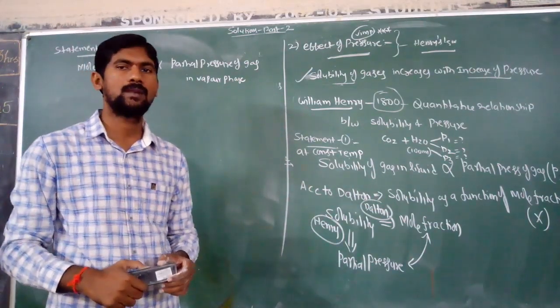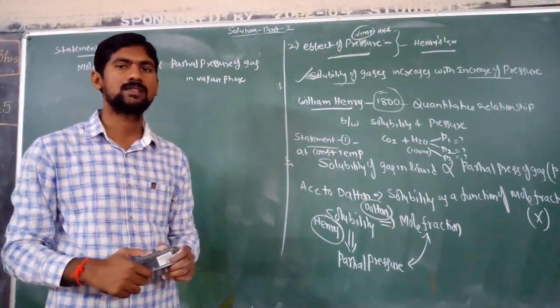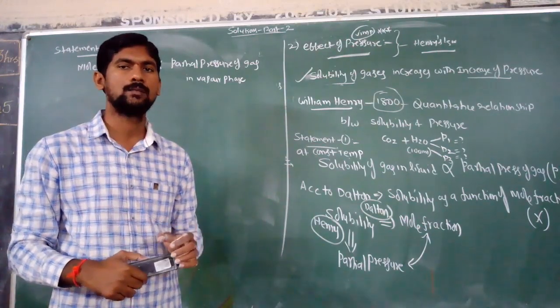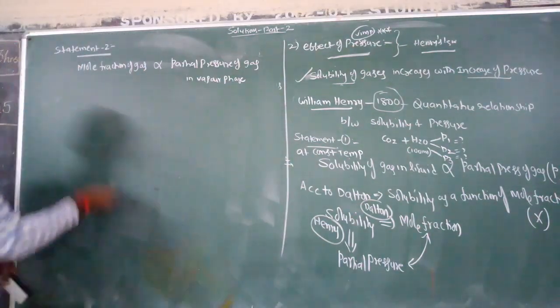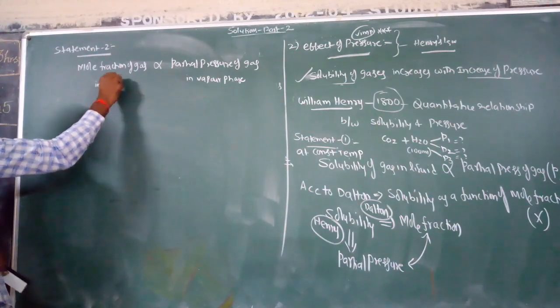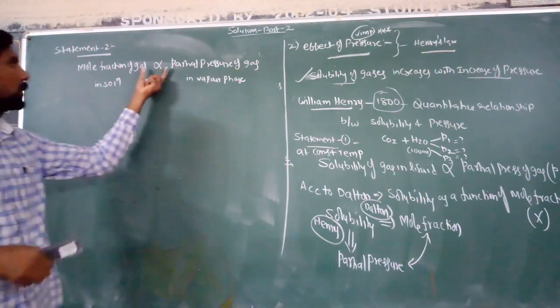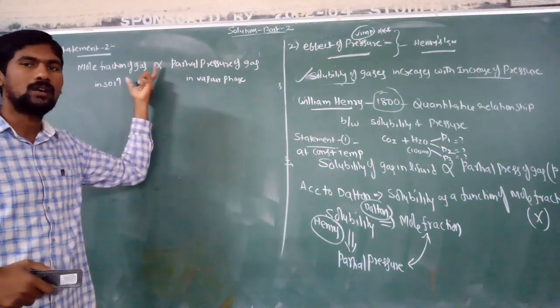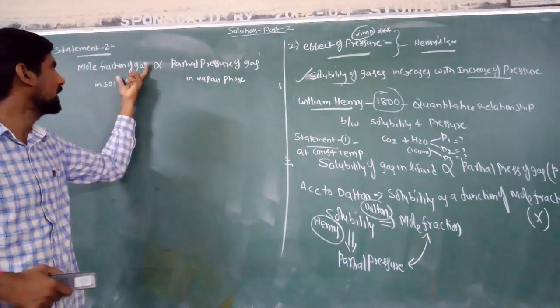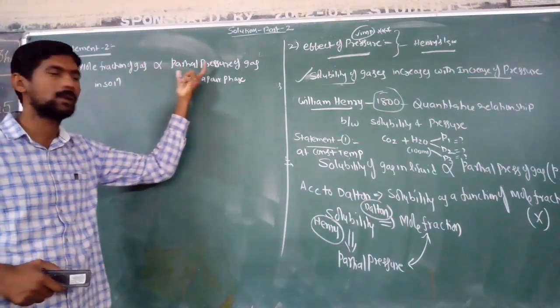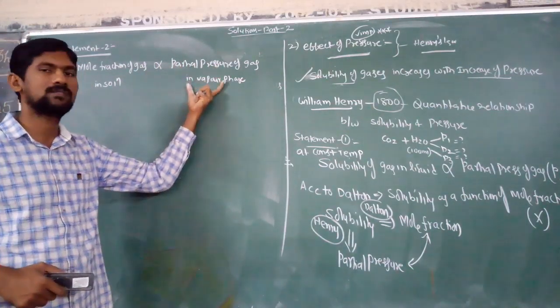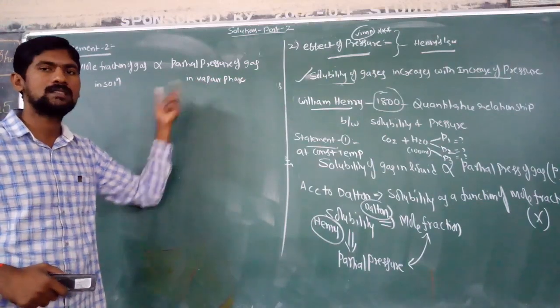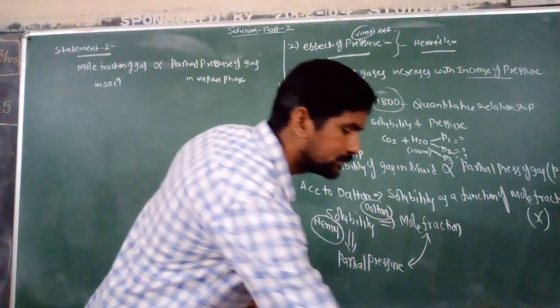So what is the second statement of Henry's law? At constant temperature, the mole fraction of the gas present in solution is directly proportional to the partial pressure of the gas in vapor phase. So this is the second statement of Henry's law.